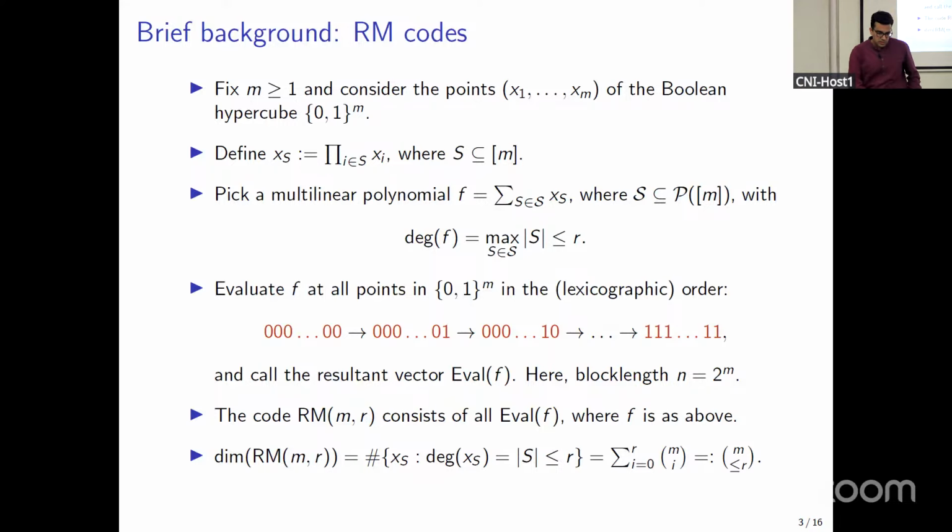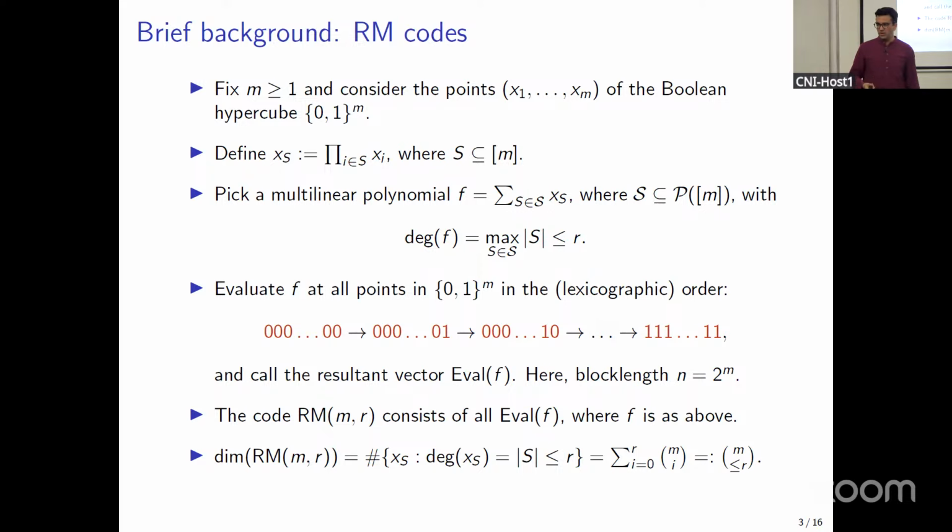Yeah, so the degree of any polynomial that's formed by summing together monomials is just the largest degree of any monomial that's present in this expression. Okay, so that's what I've written here. So now we know what monomials are, what polynomials are, and we just evaluate such a multilinear polynomial over all the points of the Boolean hypercube taken in some fixed order.